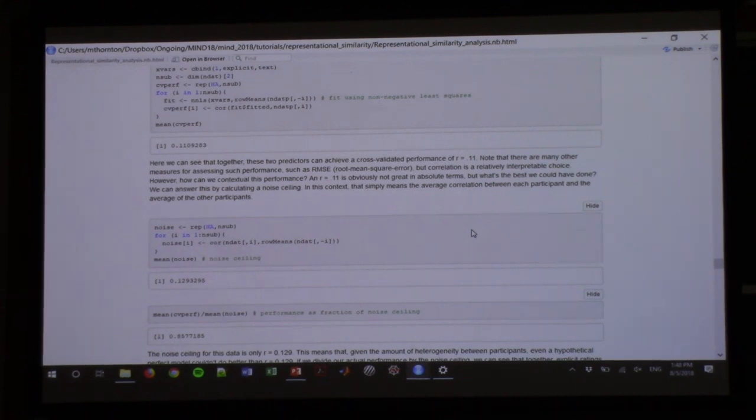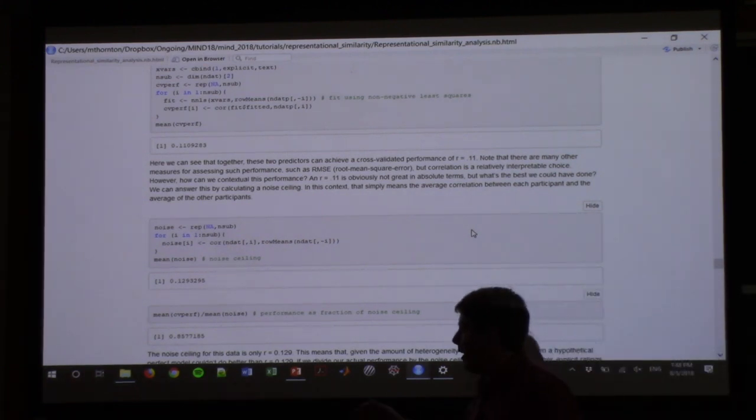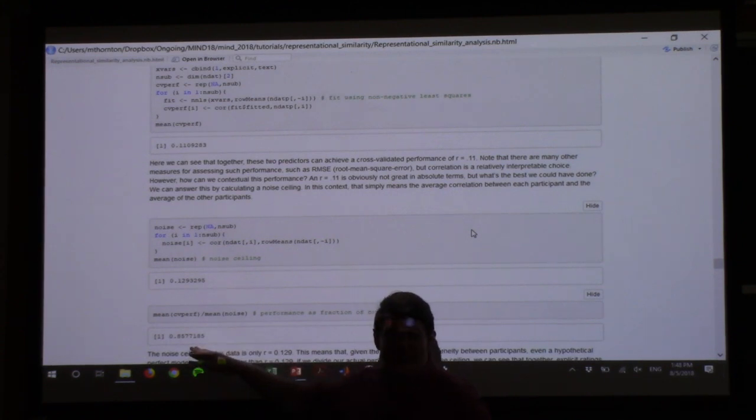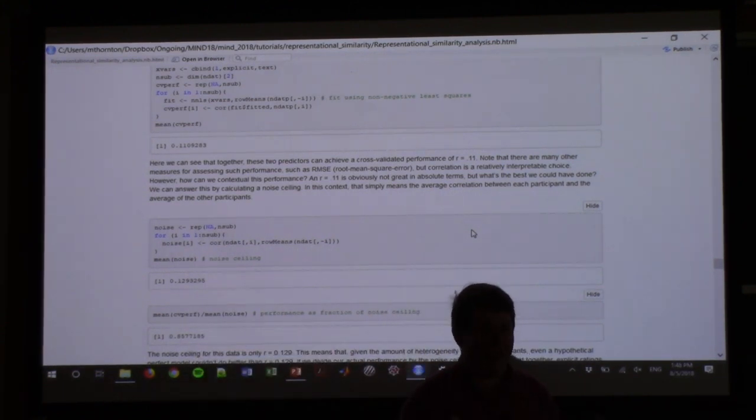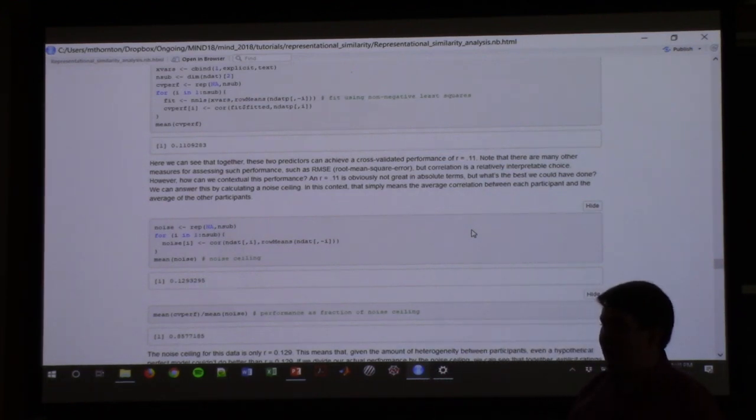Have you ever encountered a situation where even though you look like you're doing a good job, you're just well within the range? Yeah, that's one of the reasons why people have traditionally criticized correlation disattenuation measures: when you are doing very badly, you can end up doing better than your noise ceiling if you have a poor estimate of your noise ceiling because you have bad data, and it's just not very reliable.